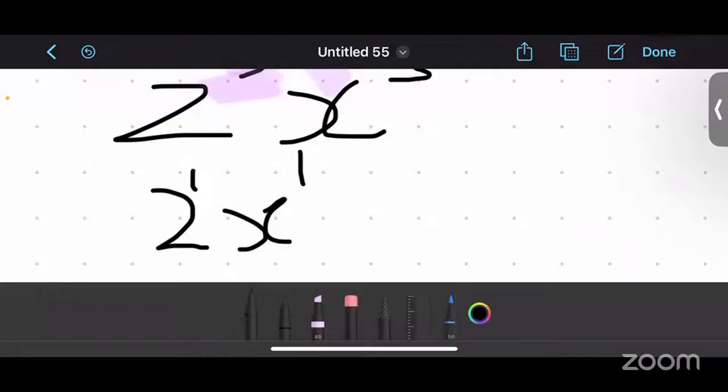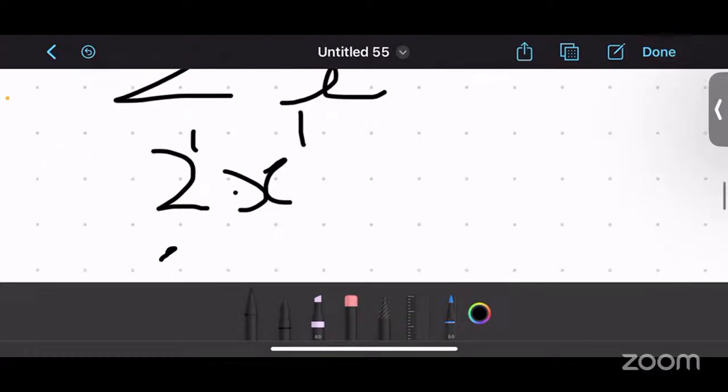We don't want to say 2 to the power of 1, x to the power of 1, because we'd be wasting so much energy saying all of that. So we just say 2x. Our answer in this case is going to be 2x, not 2 to the power 1, x to the power of 1. Is everybody happy?